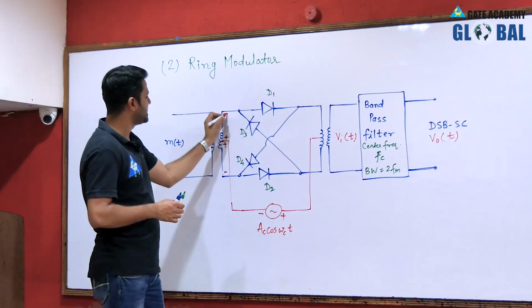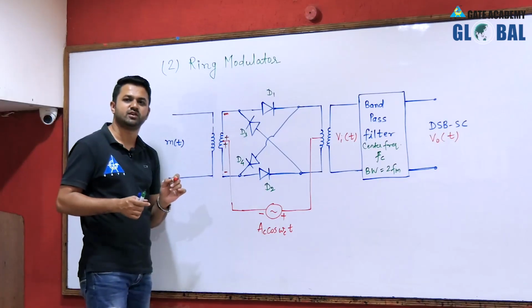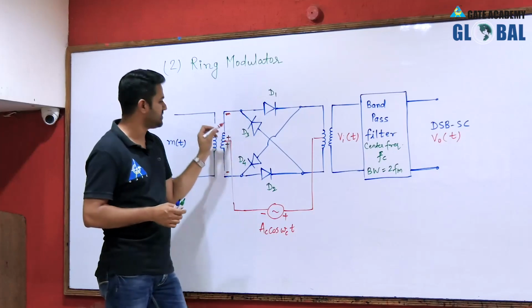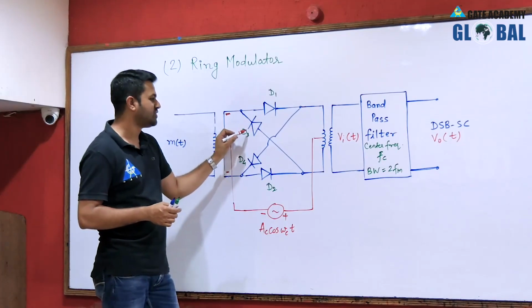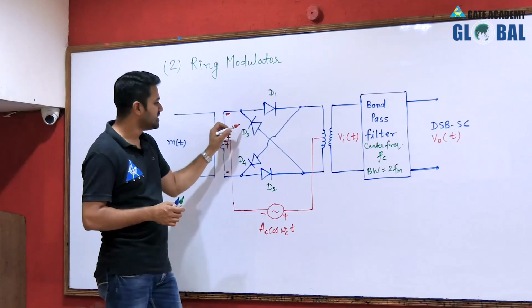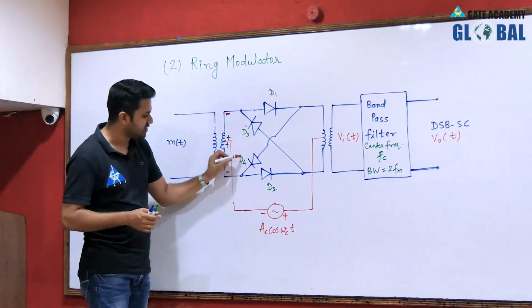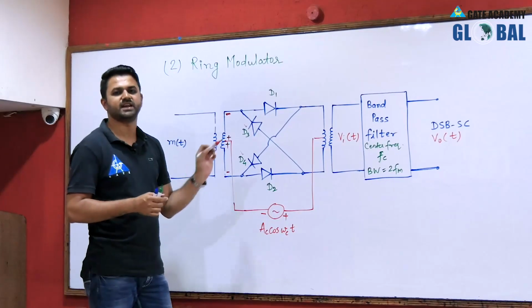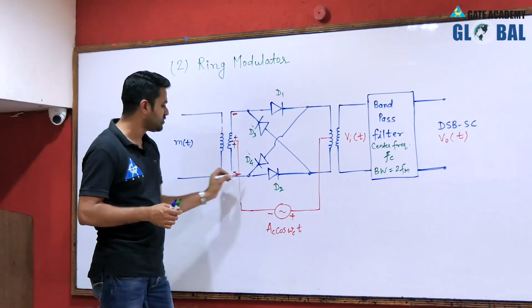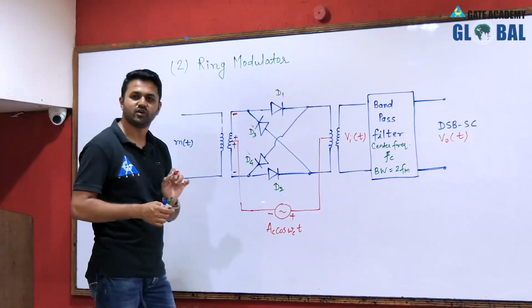Because we have applied the negative polarity to the P side of diode D1, it is reverse biased, but the N side of diode D3 is connected to the negative polarity, so it will be forward biased. So diode D3 and diode D4 are now working as forward biased, that is short circuited, and diode D2 and diode D1 will be off.